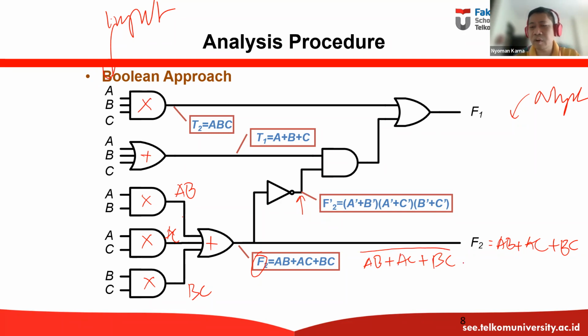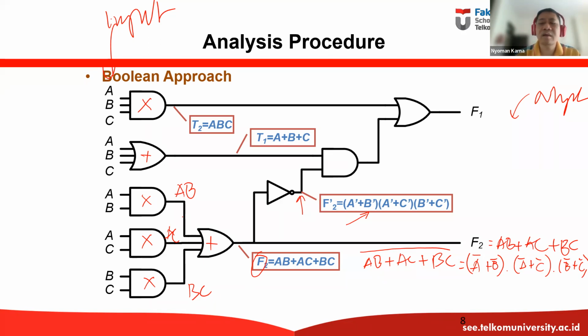And by using De Morgan's law, we understand that this one is A naught plus B naught, times A naught plus C naught, times B naught plus C naught.